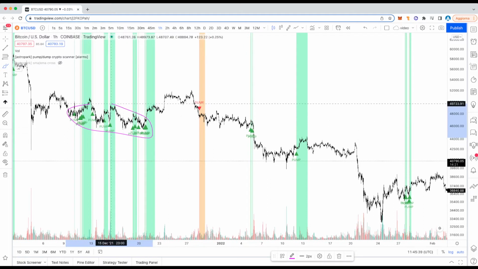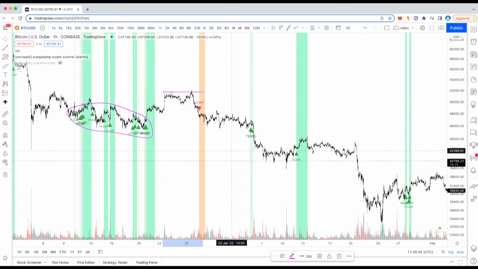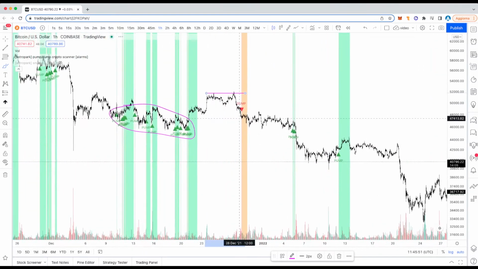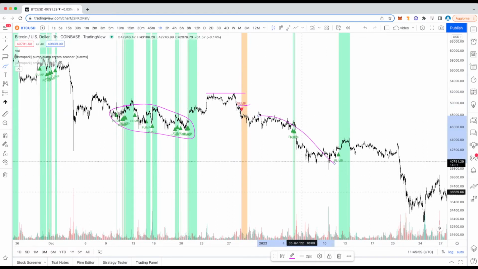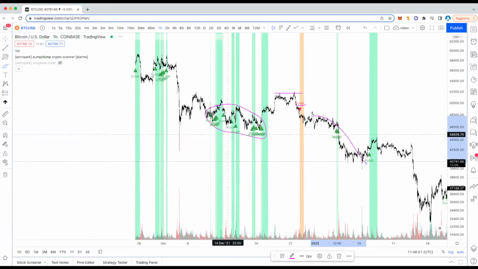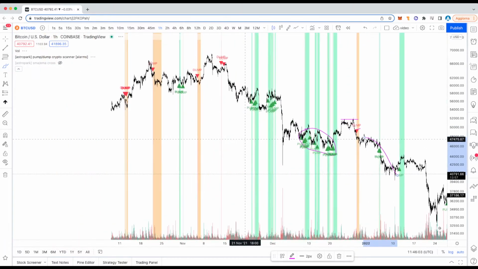For example, here, if you DCA your position, you had a chance to close here at an important profit, and here also, with the stop loss above the recent high, you could do a good trade.